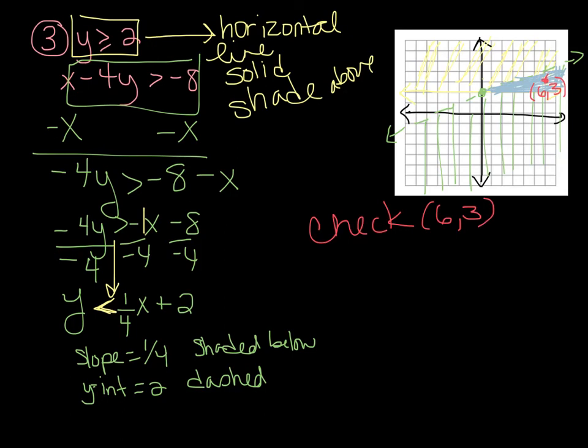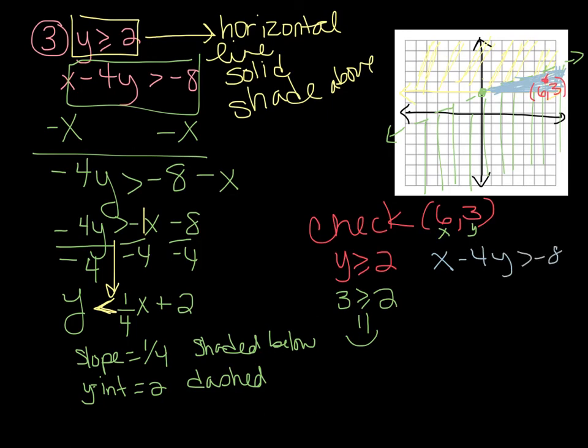And so I'm going to start with my y is greater than or equal to 2. That seems super weird, but actually my x is 6, my y is 3. So all I'm going to do is substitute my 3 in, and I know that's true. That one I'm really good at. I'm sure that's true. 3 is definitely bigger than 2. So then I'm going to do the same with my other original equation.